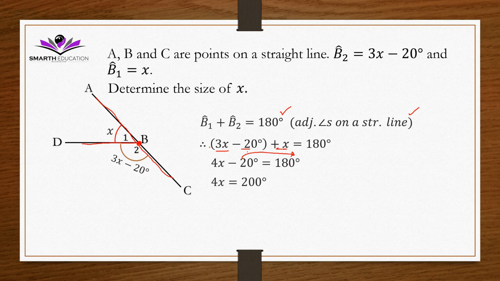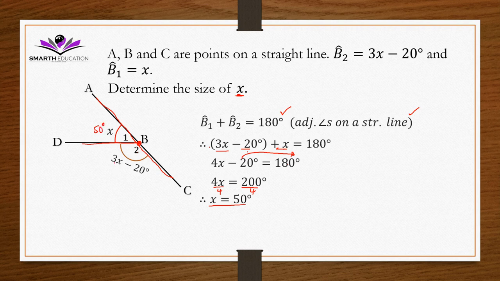Okay. And then what do we do to get x? Because we have to find the size of x. We divide by 4 on both sides of the equation, and then we get x is equal to 50 degrees. So it means this one here is 50 degrees.